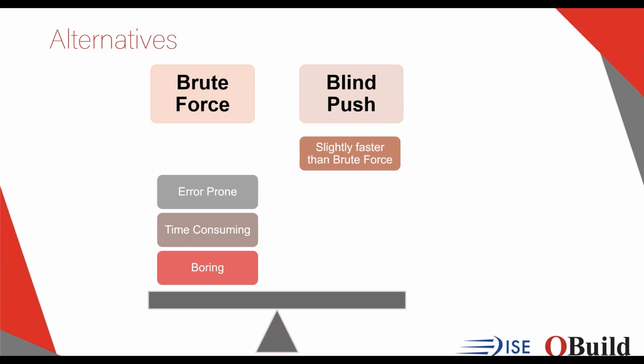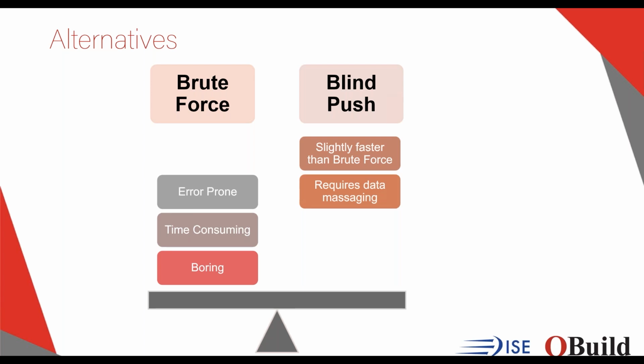This is slightly faster than brute force because you're not manually entering that data in. You're creating some of that data in XA based off of your CAD data, but it does come with its own challenges that a lot of our customers describe to us.